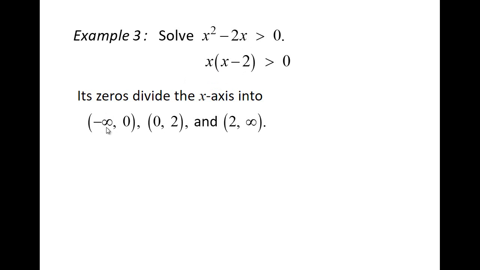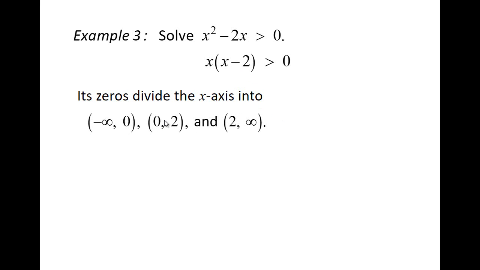But f has no zeros in this interval, so f doesn't change sign here. Therefore, since it is positive at one point, it's got to be positive throughout. So this polynomial is positive here. Similarly, you'll see that it is positive here because if I take x to be 3, then 3 times 3 minus 2 is positive. So this polynomial is positive at 3 here. Since it doesn't change sign here, it must be positive throughout.